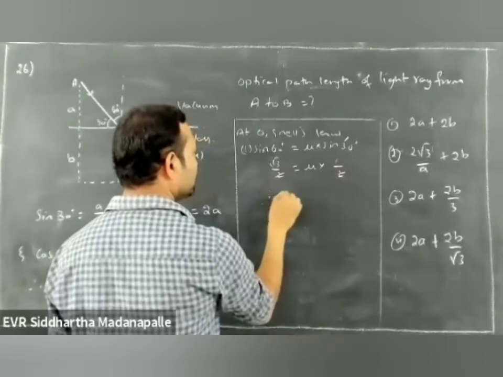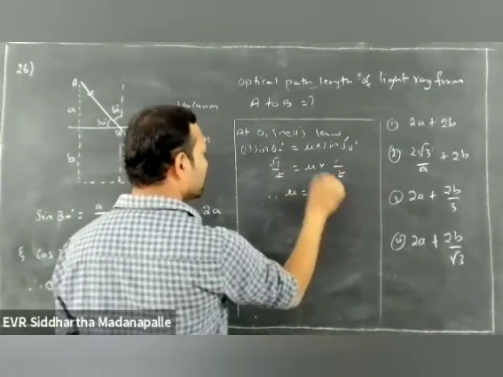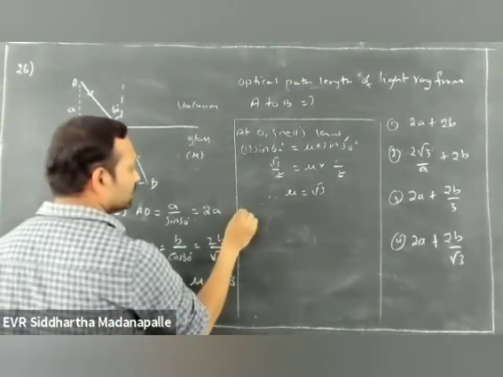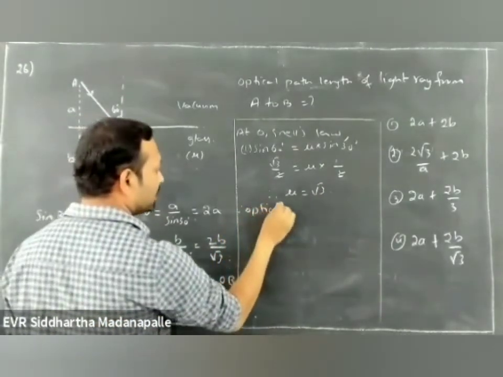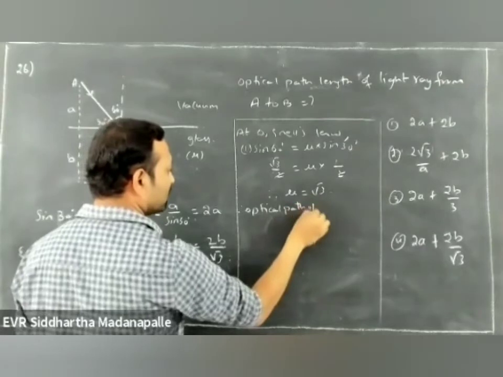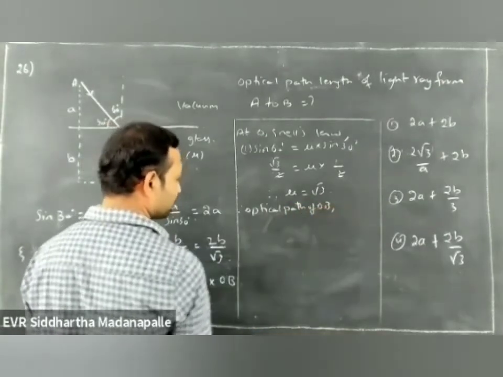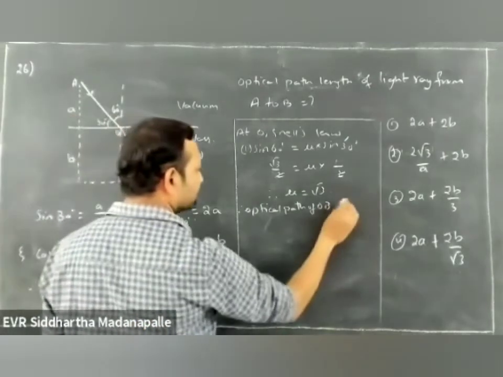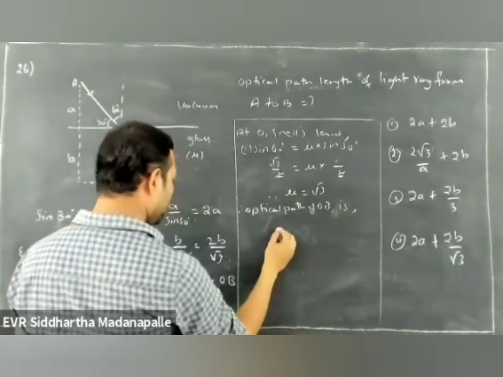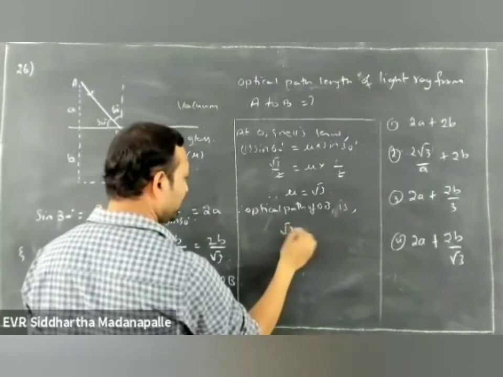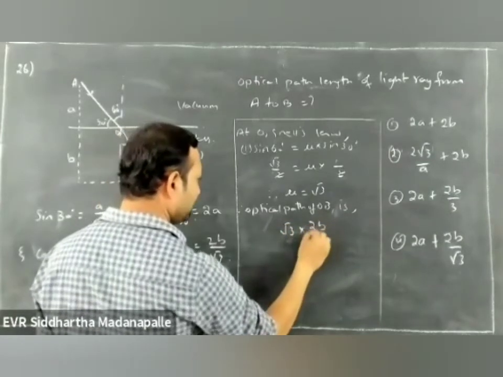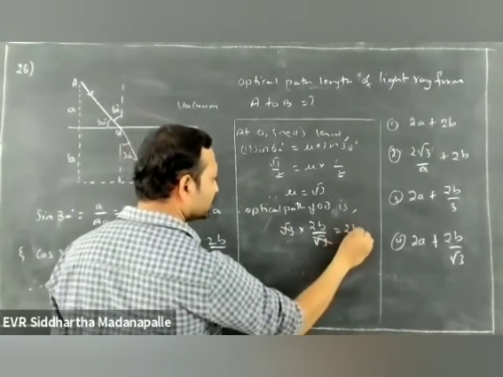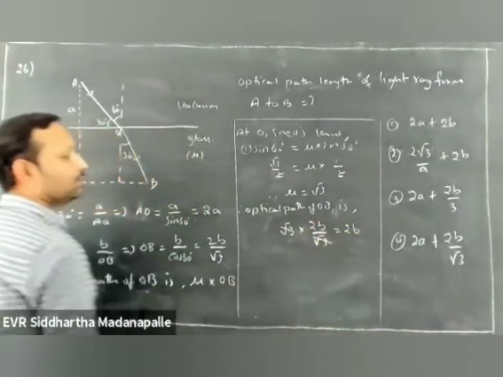The 2 and 2 get cancelled, so mu is equal to root 3. Therefore the optical path of OB is mu into OB, which is root 3 into 2B by root 3. Root 3 and root 3 get cancelled, so it is equal to 2B. This is the optical path of OB.